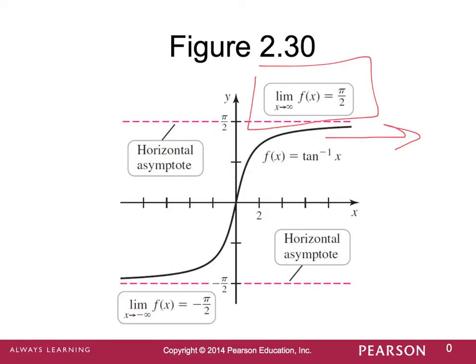Likewise, we can say the same thing on the left. As x approaches negative infinity, our function is approaching negative pi over 2. Even though our function is never equal to negative pi over 2, we are approaching negative pi over 2.